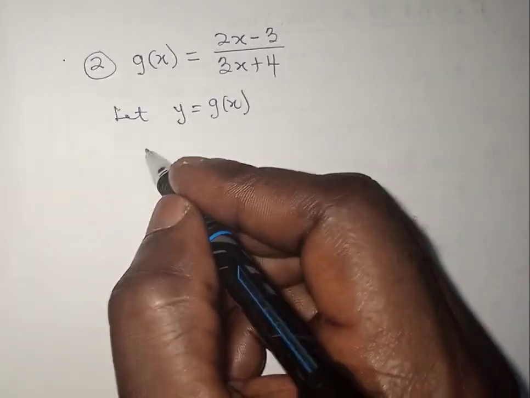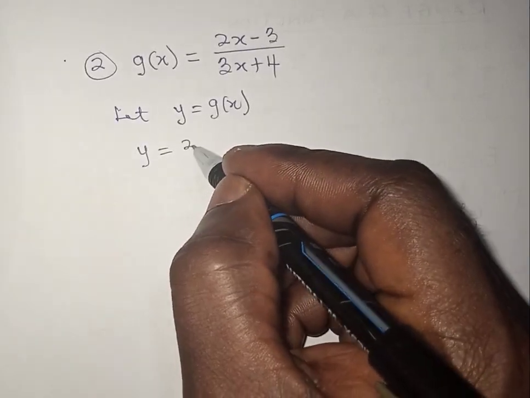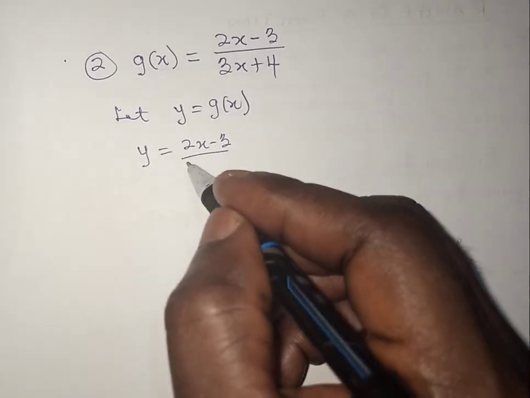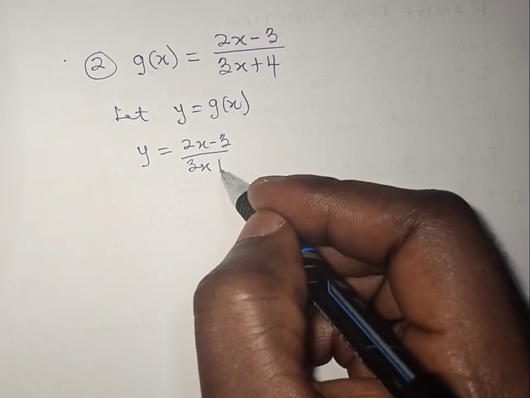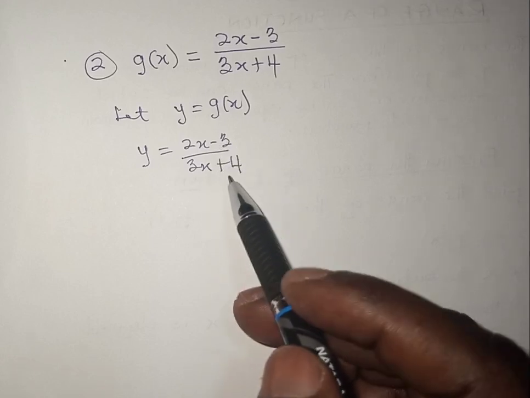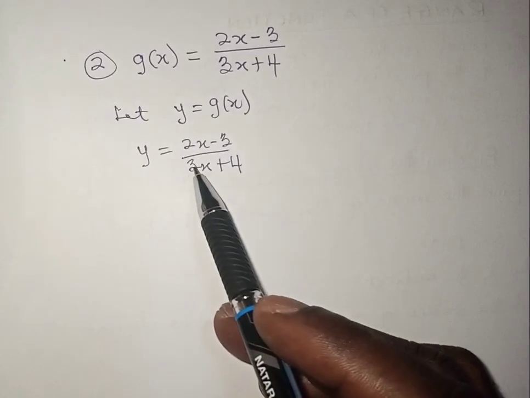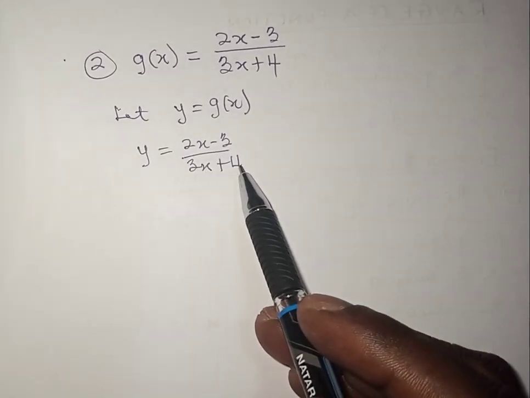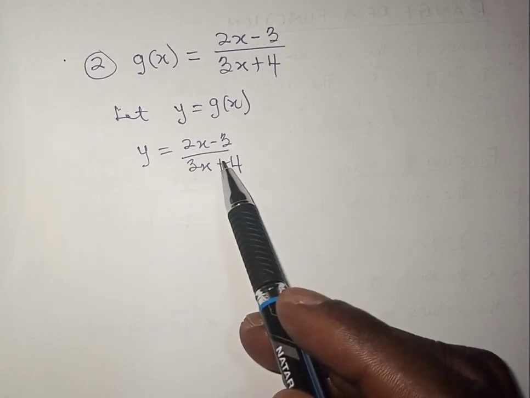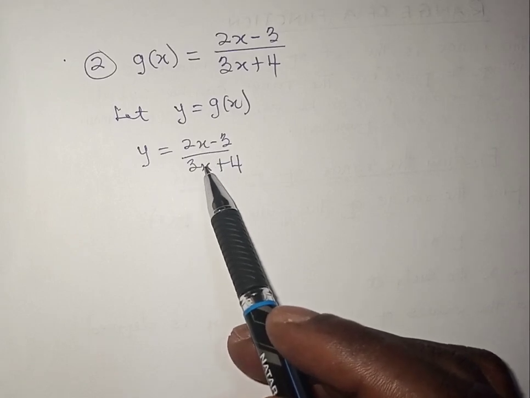Good. Now we can write the equation as y is equal to 2x minus 3, all divided by 3x plus 4. In this case, we are going to make x the subject. How do we make x the subject? Looking at this, because this is a rational function, you can find the LCM. What is the LCM? The LCM becomes the entire denominator, because this is the fraction part.